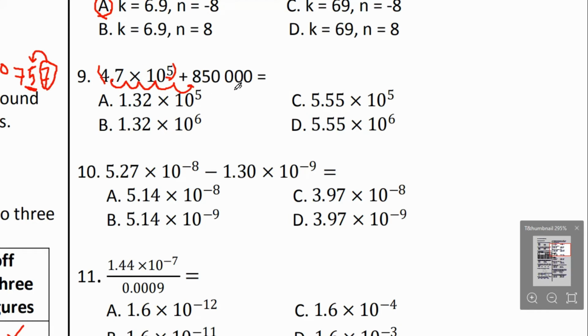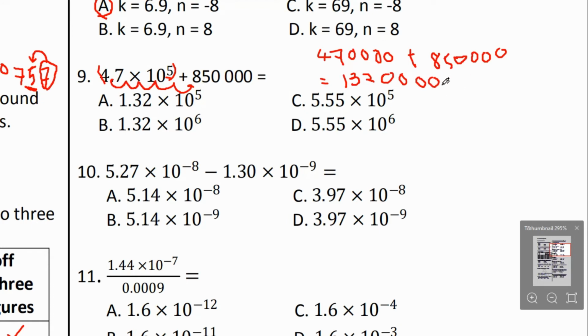So this number should be 470,000 plus 850,000. Then you press this value into your calculator. You will have 1,320,000.